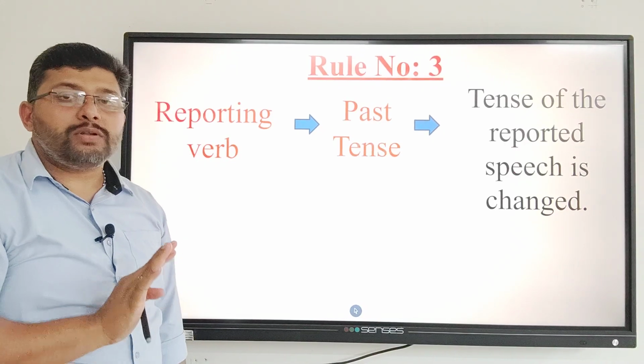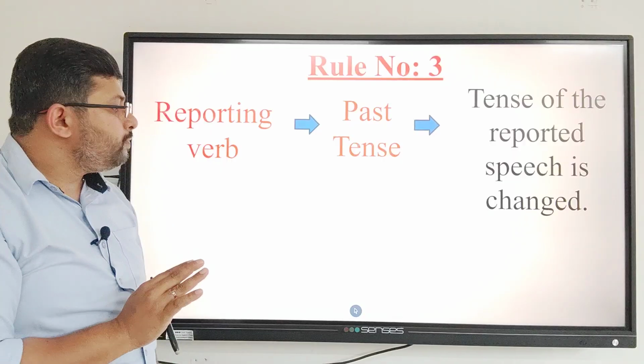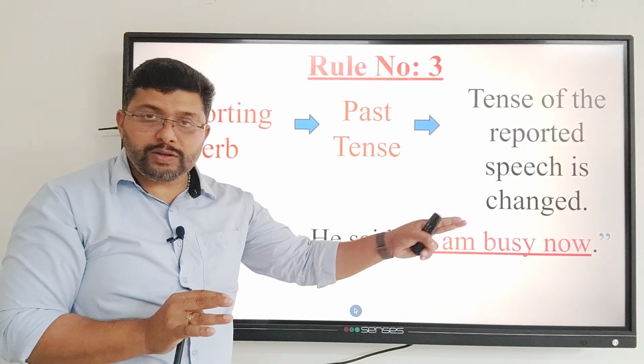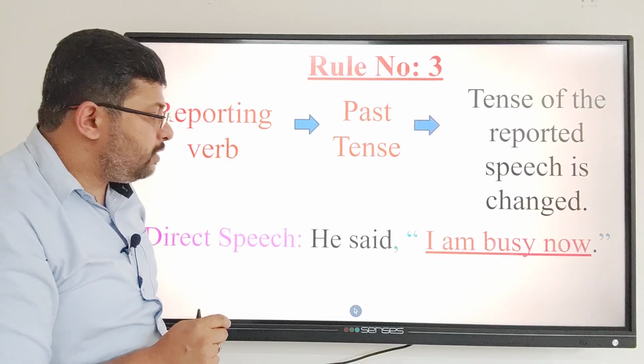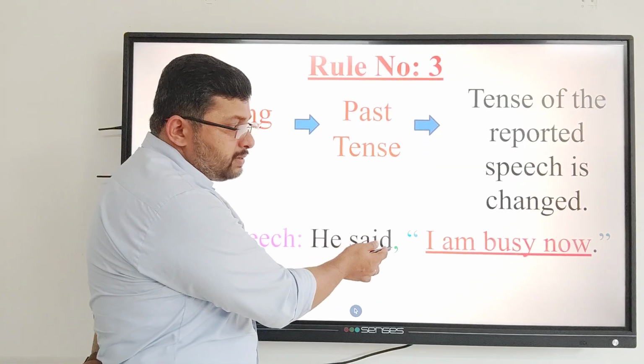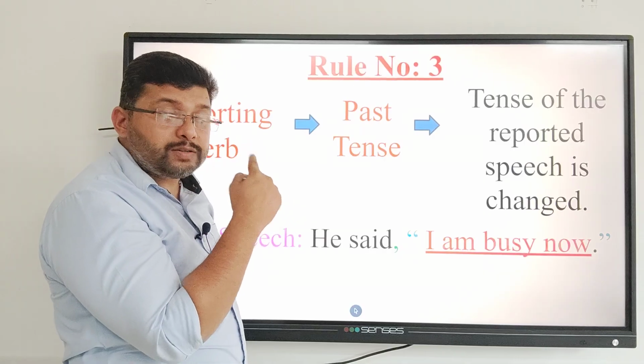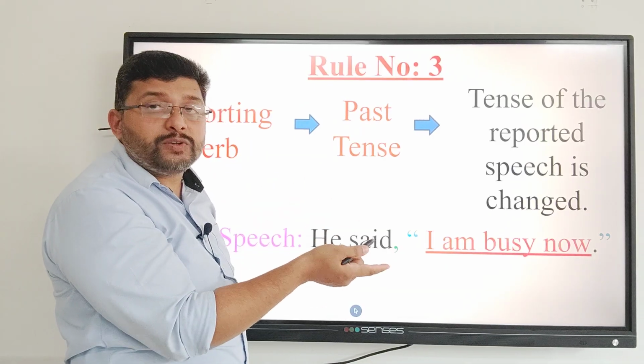This is the third rule, the most important rule. See the example. He said, I am busy now. In the previous example we have seen, he says, I am busy. He says, present tense. He will say, I am busy, future tense.